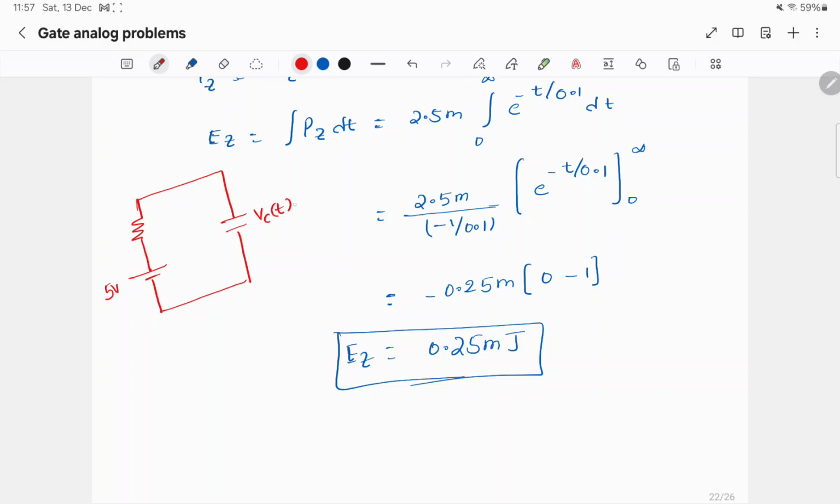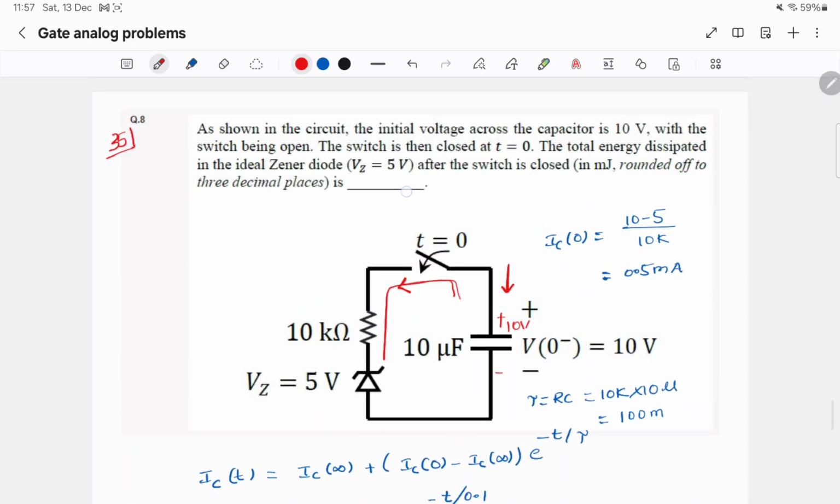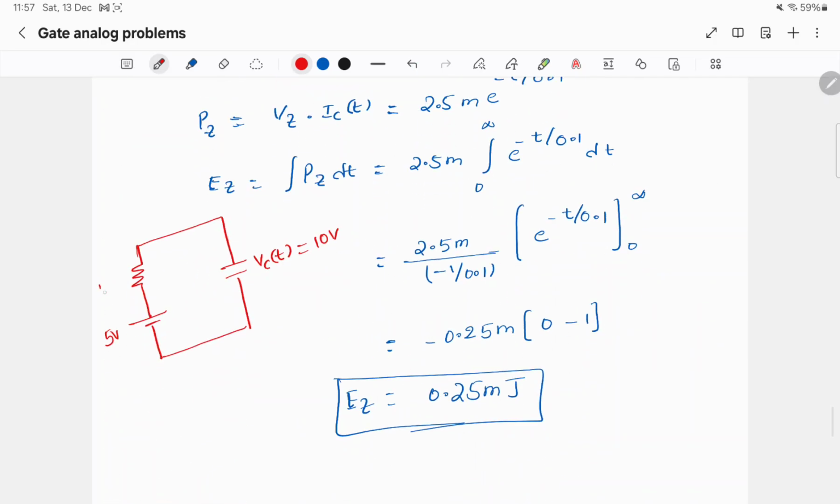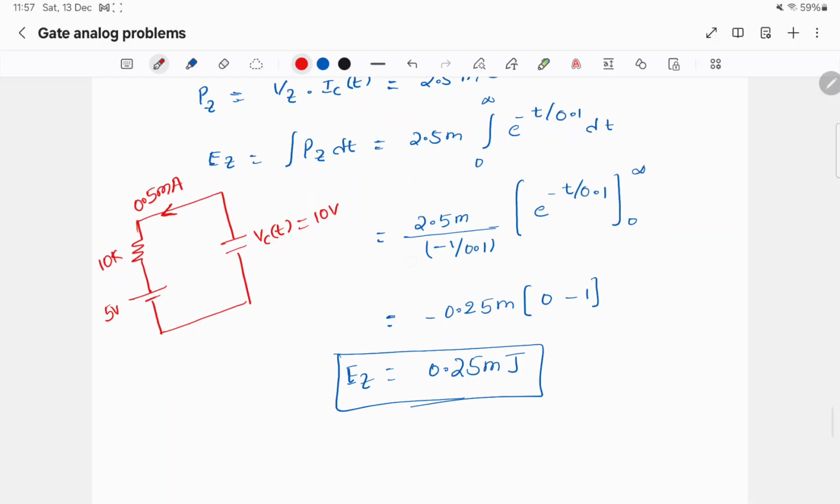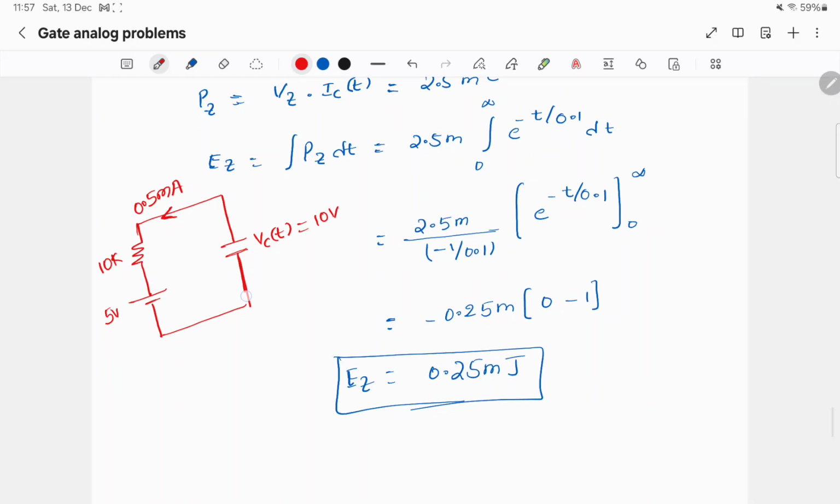Vc of t, initially this is 10 volts. The resistor value is 10 kilo ohm. So initially 0.5 milliamps current will flow. As time increases, this node potential will decrease, so the voltage drop across this resistor will decrease.